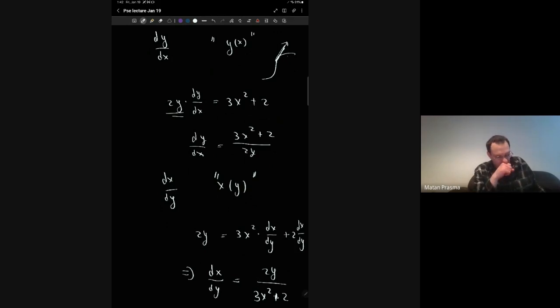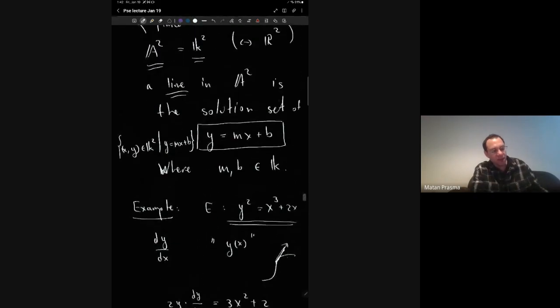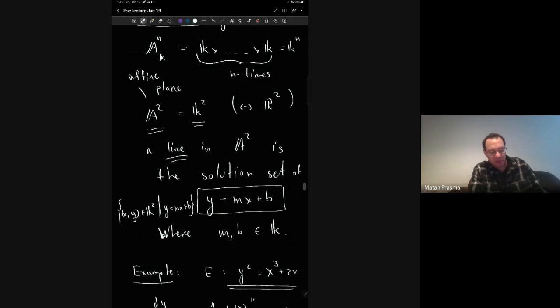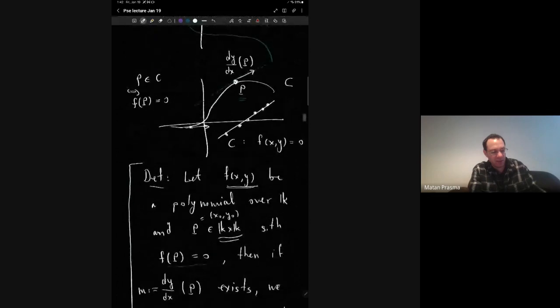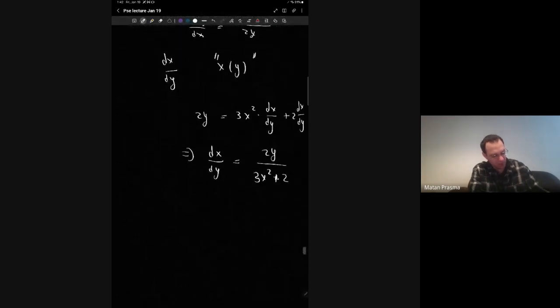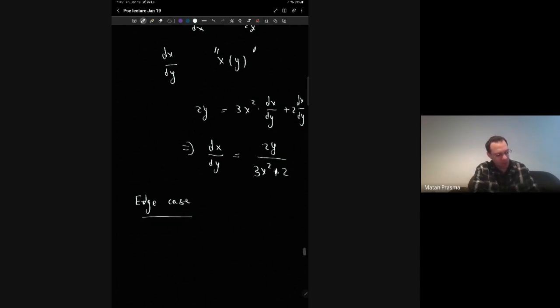Now, when I discussed the tangent line, I left an edge case, and the edge case is if you have, in our case, an elliptic curve like this, then maybe let's suppose that this is the y-axis.